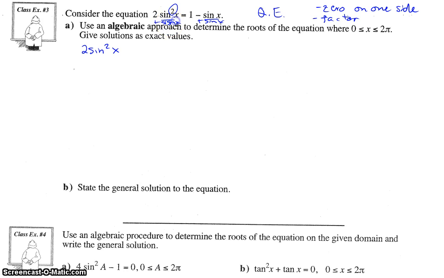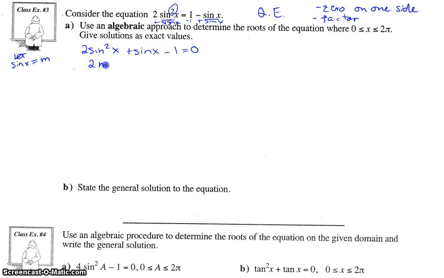You can't add it to sine squared because that's not the same type of term. So plus sine x, subtract 1 from both sides, and we should end up with that. If it's easier to look at by replacing sine x, we're going to let sine x equal m. If you find you can factor this without doing that, feel free to do that.